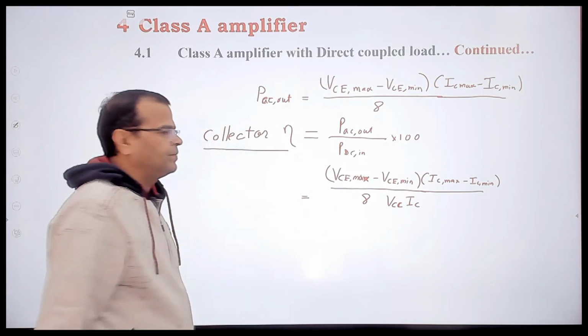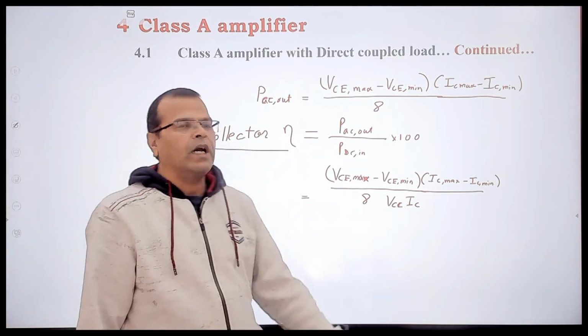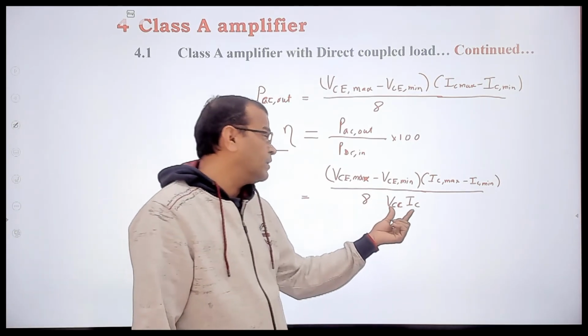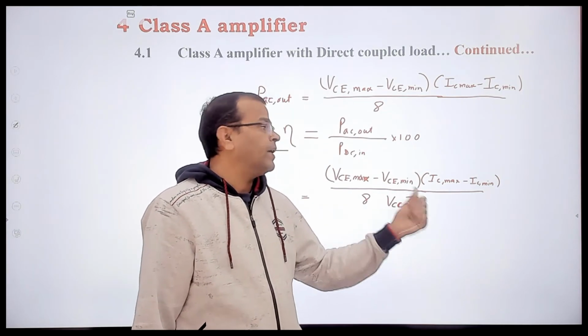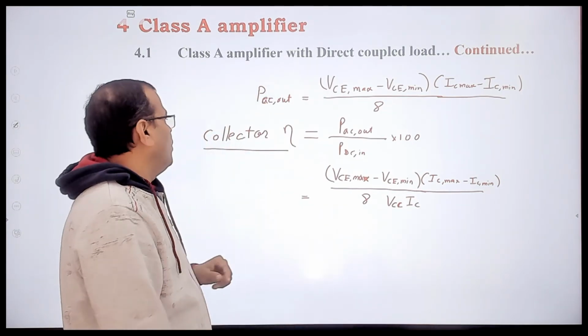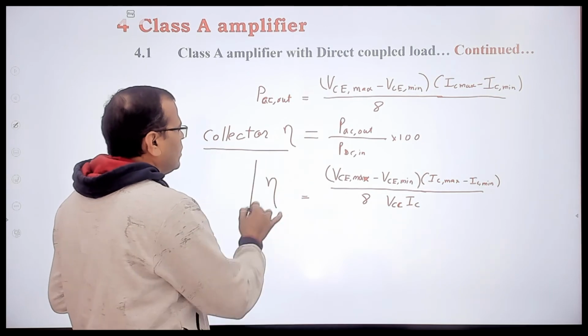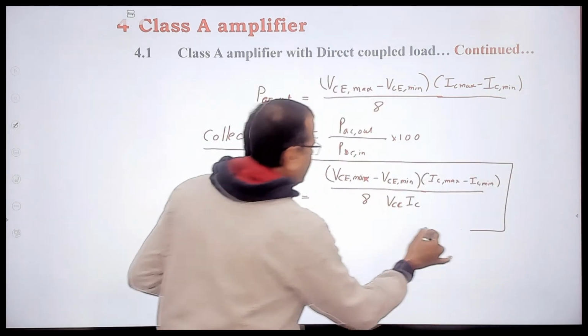That's it. The collector current I_C, these are DC currents. This is DC, this is DC. Fine. Now, this is the expression of the conversion efficiency.